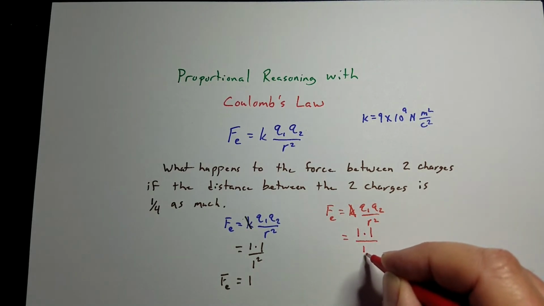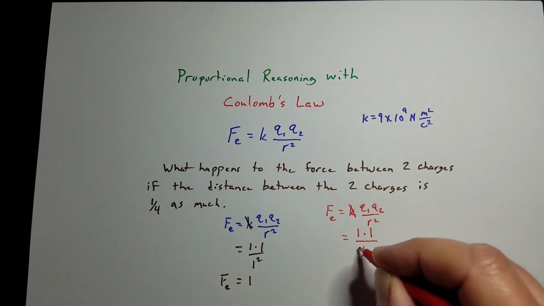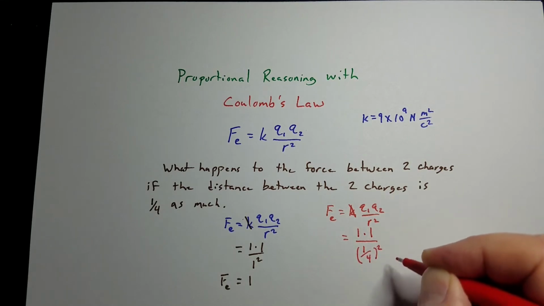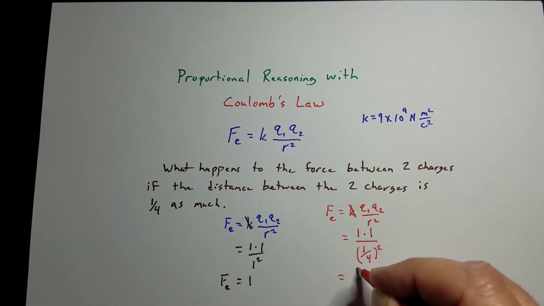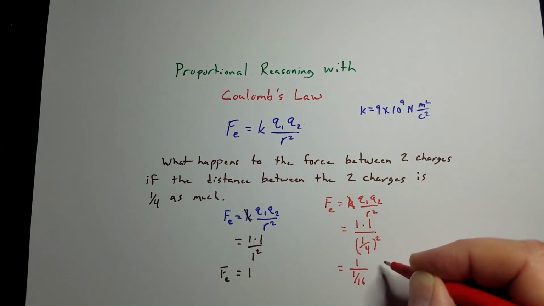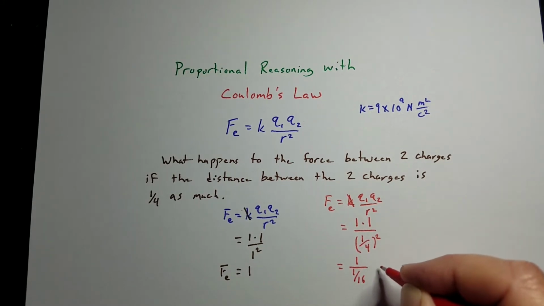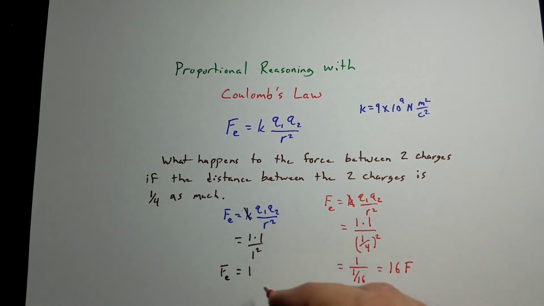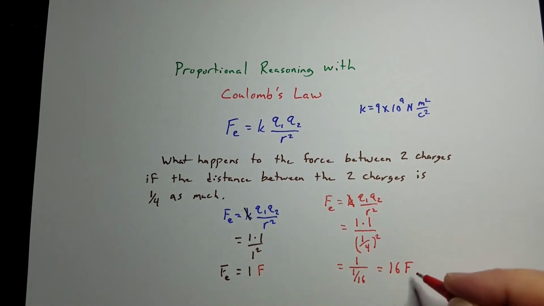But the distance is 1/4 as much, but that's squared. So 1 times 1 is 1, 1/4 squared is 1/16. And since that's on the bottom, we flip it up.